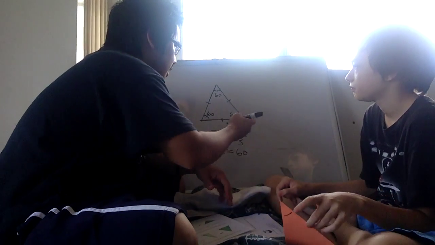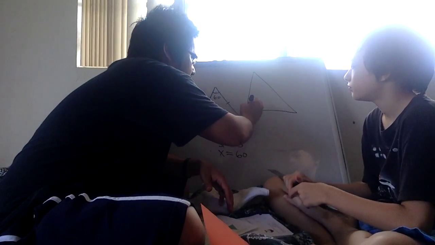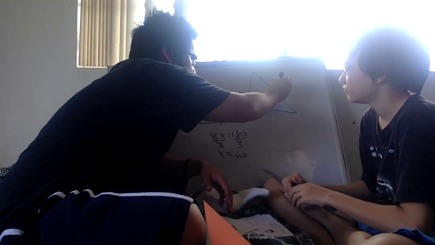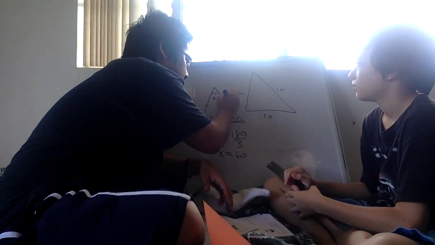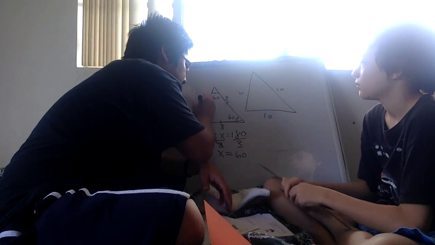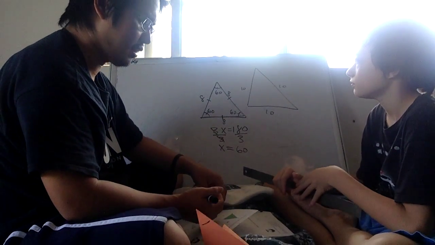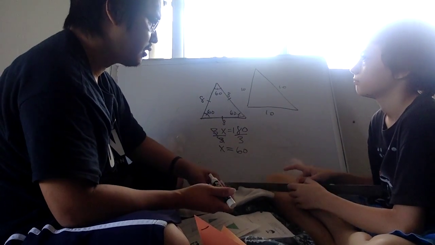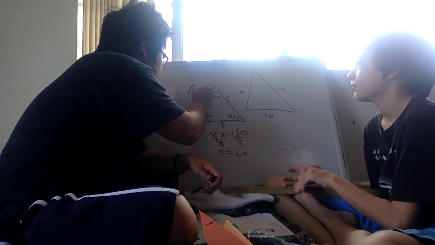So when I drew one triangle, let's say this is an equilateral triangle as well, with 10 centimeters, 10 centimeters, and 10 centimeters, and our original one had 8 centimeters, 8 centimeters, and 8 centimeters, what can you tell me about the angles of the bigger equilateral triangle? They're 60. What about a smaller equilateral triangle?